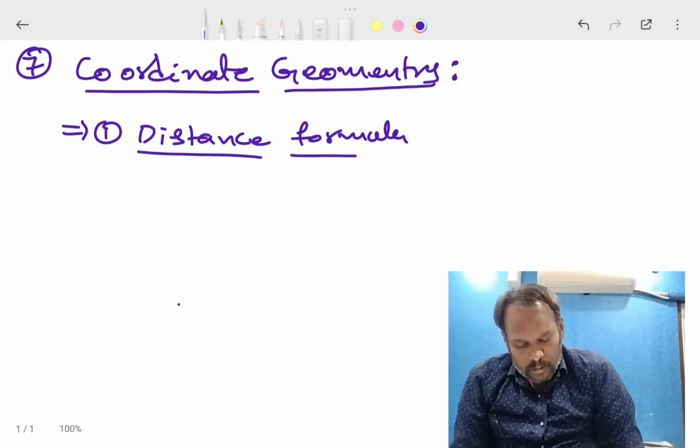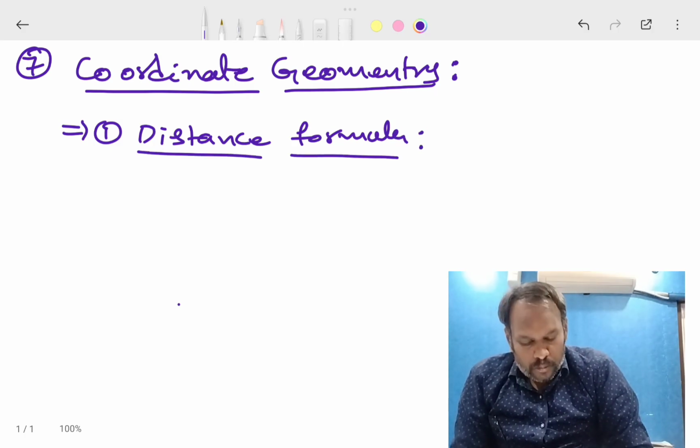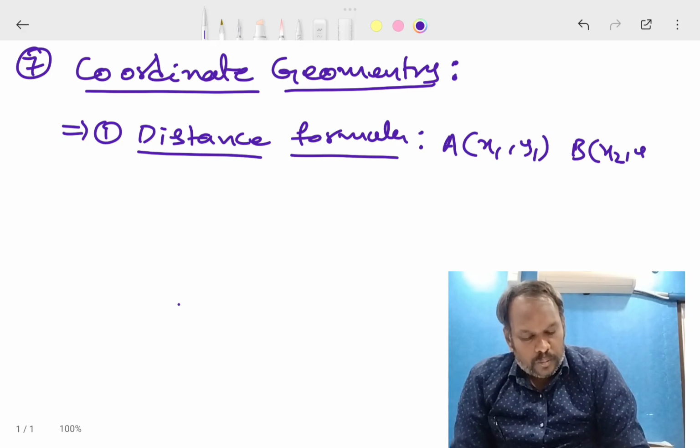Distance between two points. The two points A (x1, y1), B (x2, y2).